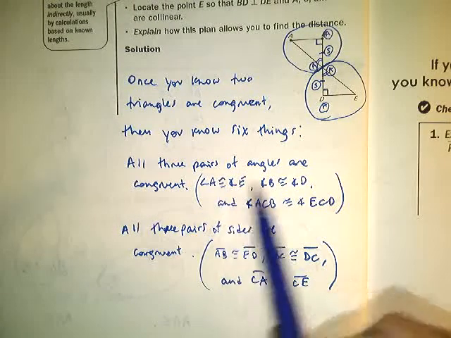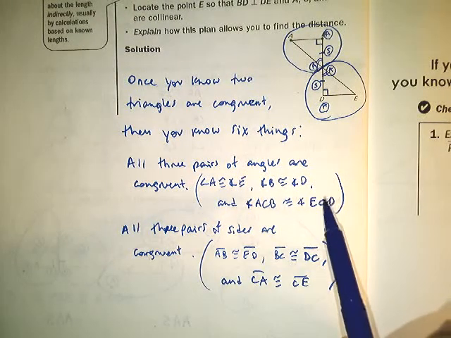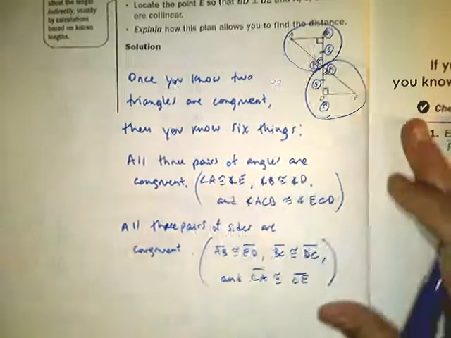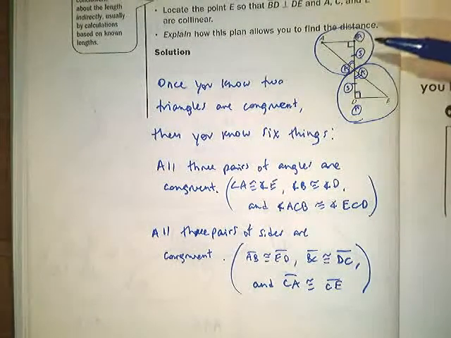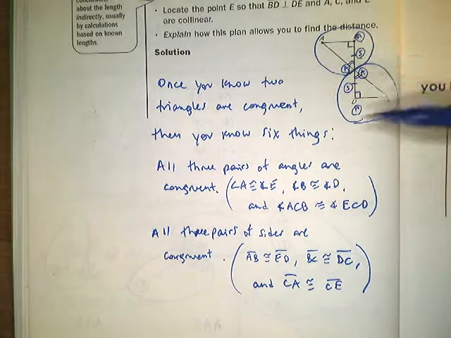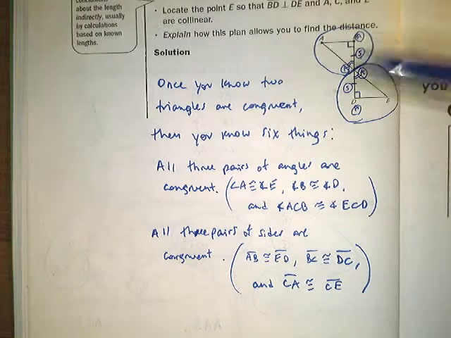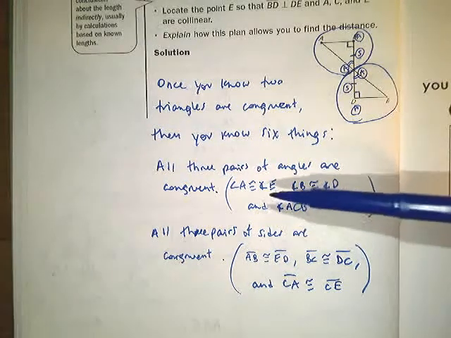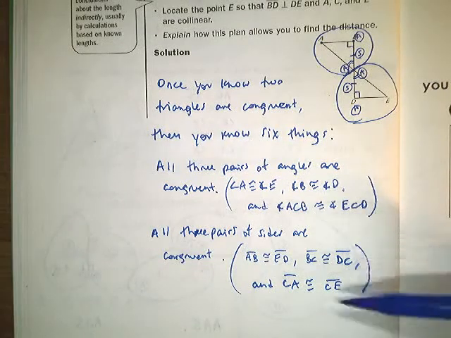I can state that any pair of angles that correspond are congruent, or any pair of corresponding sides are congruent. So it's important that you understand that there's a multi-step process. So proving your two triangles overall congruent from the given information, and then making the statement that something more specific can also be true.